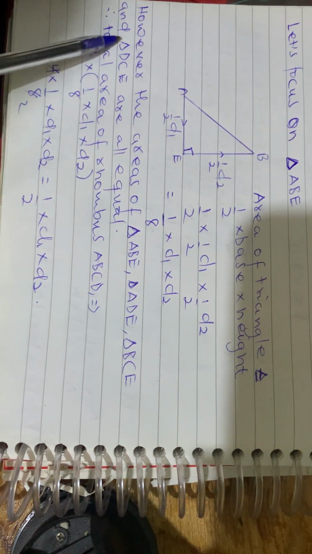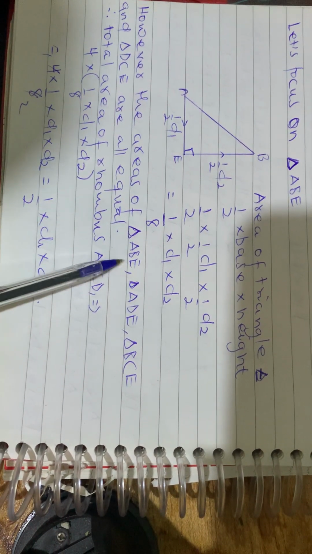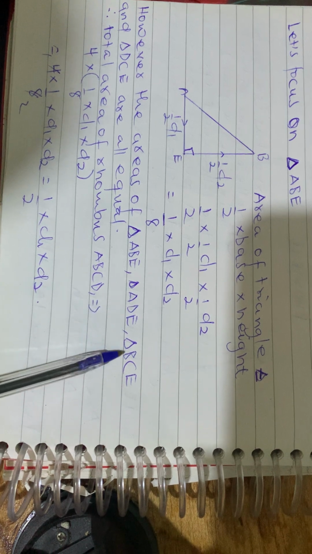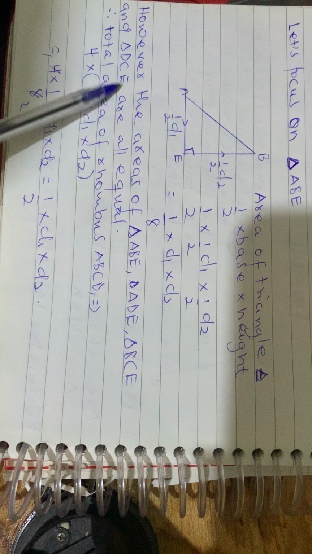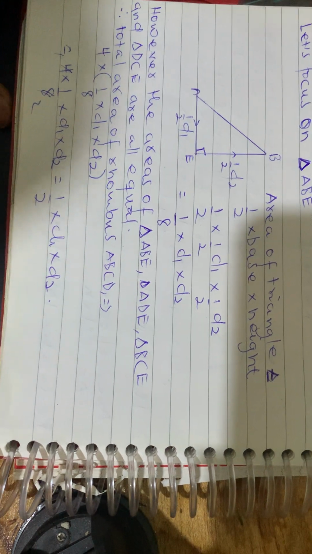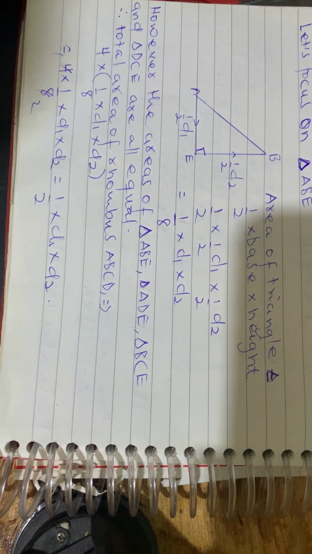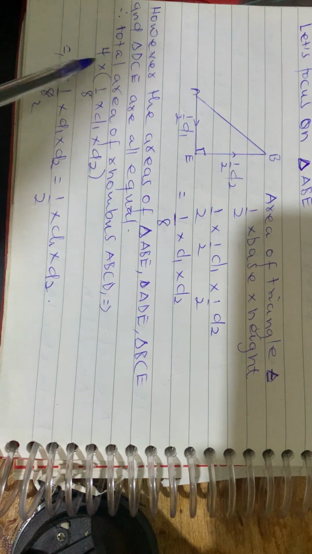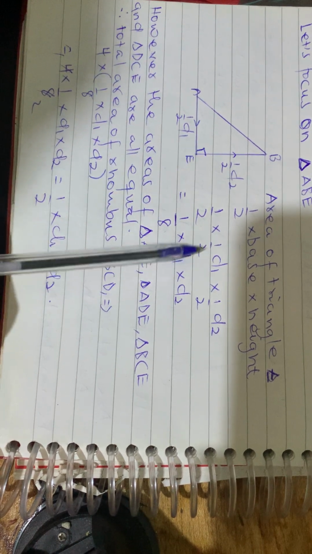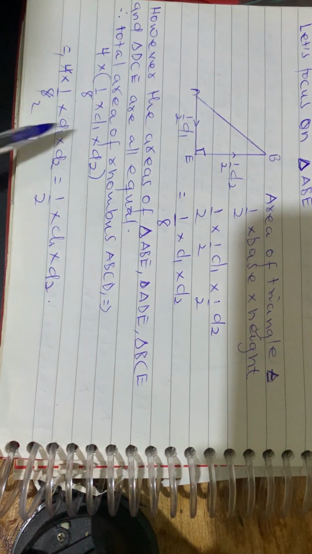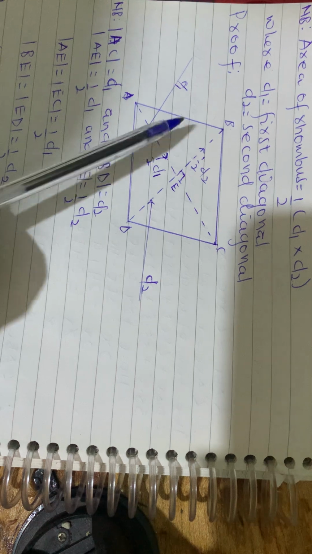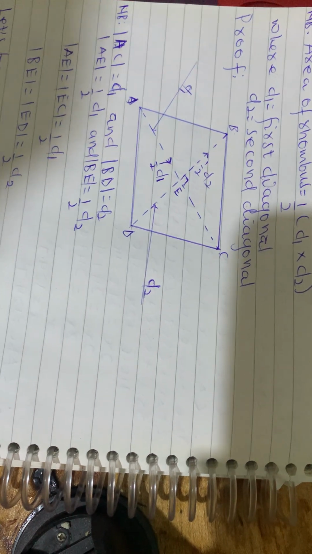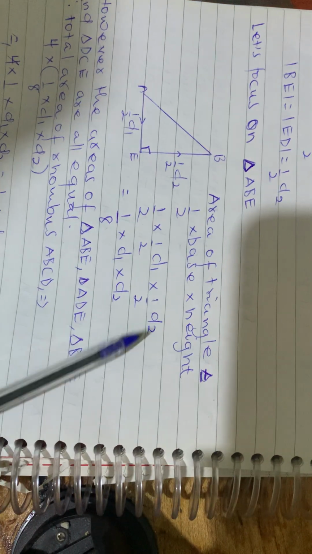I hope you get it. Since they all have the same area, I just multiply the area of this by 4 to give the total area of the rhombus, because this rhombus has 4 triangles in it, 1, 2, 3, 4, and they are all the same.